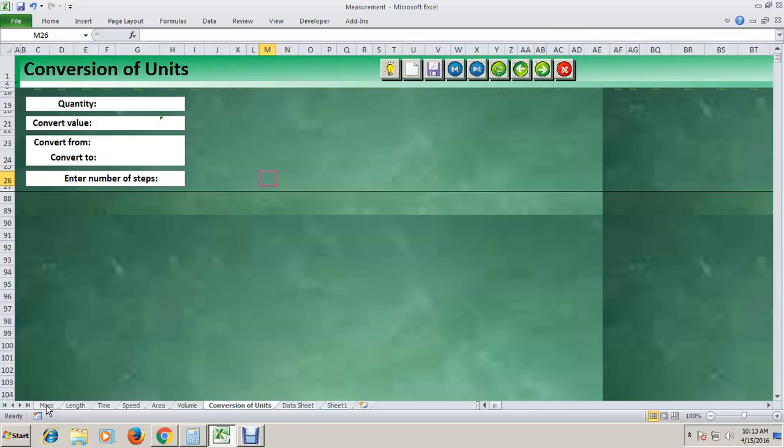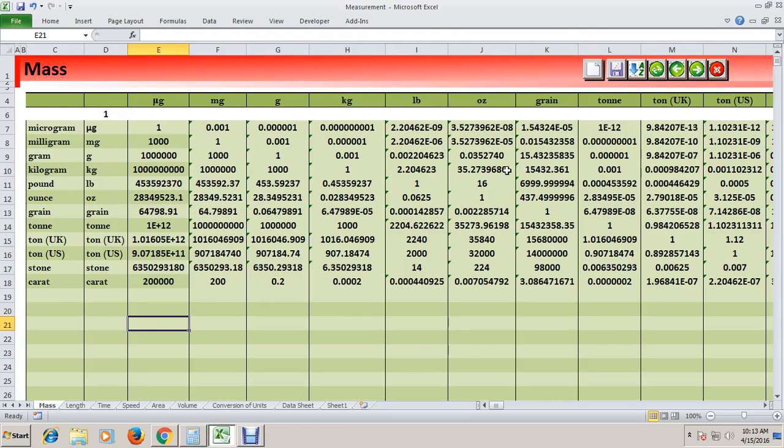So let's start with mass. What you see here is that you have a set of units in this column. These are the units that people commonly use for expressing the quantity mass. So we have here the micrograms, milligrams, grams, kilograms, the pound, the ounce, grain, ton, stone, carat, and so on.